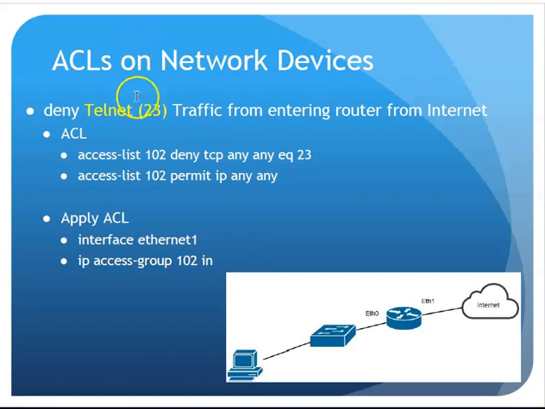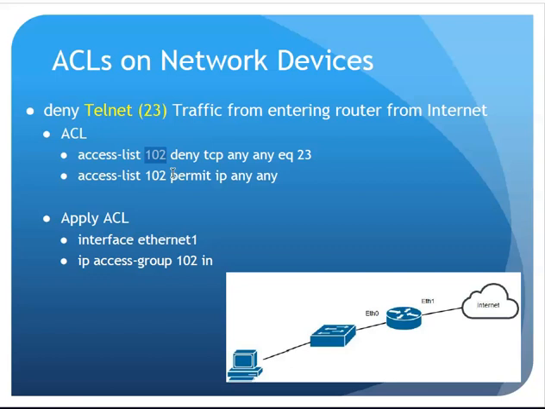If I want to deny telnet traffic from coming in to our network from the internet, so out here we have telnet traffic trying to come in, maybe trying to telnet into the router, switch, something, server. I want to deny that. So I would write access list 102. Anything below 100 is what's called a standard access list. We're using extended access lists, which are 100 and above.